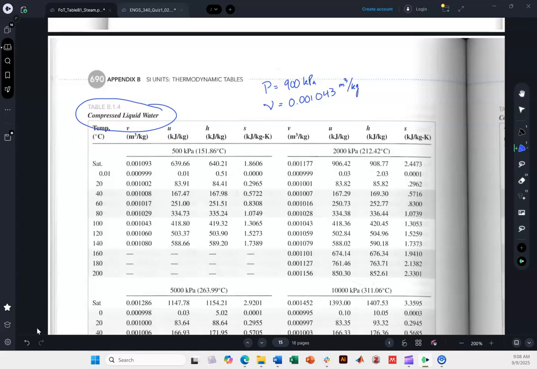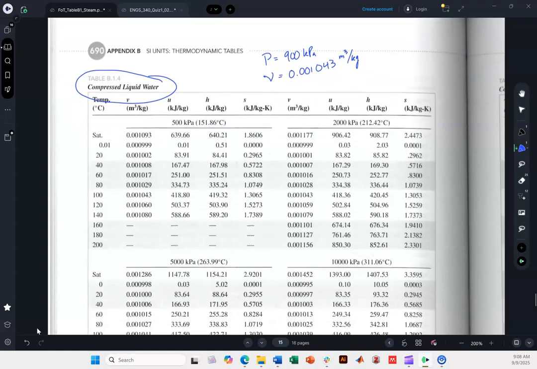I know I'm looking in the right place, but I'm looking for both of these values. And as I'm looking down my table, I see right away I have 500 and 2000. So I'm stuck between two values.